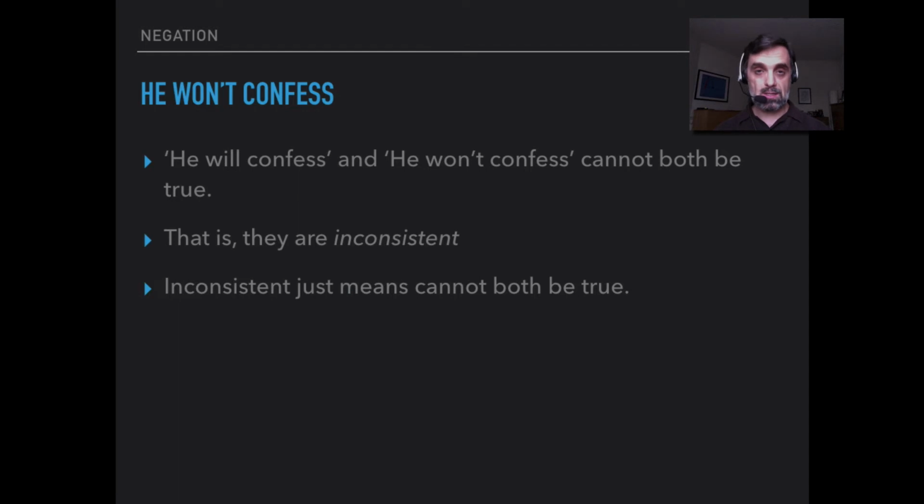So inconsistency is another logical notion like validity. Validity is for arguments: no matter what, if the premises are true, so is the conclusion. Inconsistency says, no matter what, these two sentences cannot both be true. Or you could have a bigger group of sentences, and if they were inconsistent, there's no way they could all be true. At least one of them would have to be false.